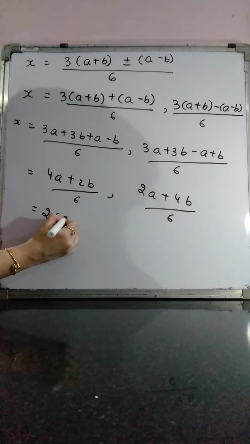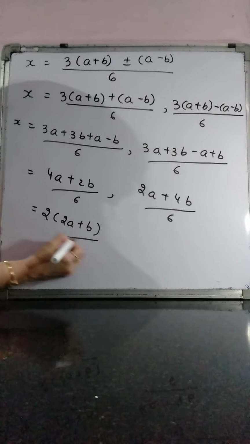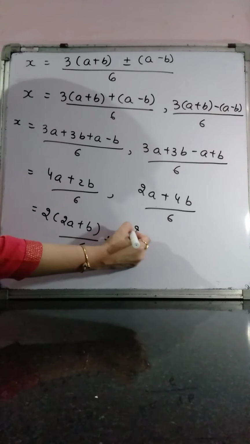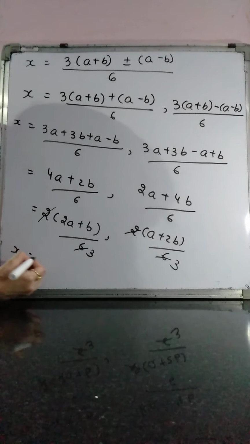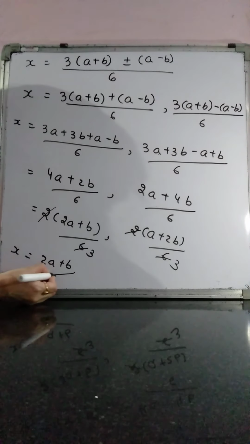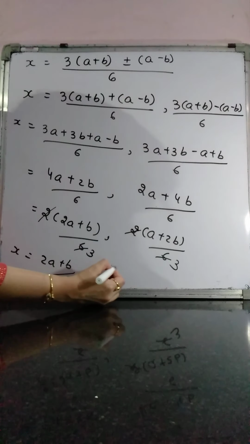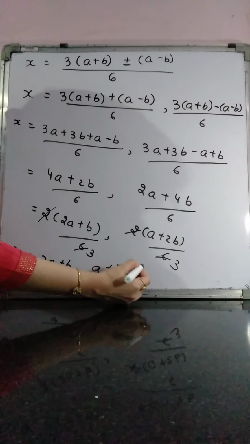Take 2 common, twice of a plus b by 6, 2 common, a plus 2b by 6, now cancel 2. 3, 2 3 6. So the values of x are 2a plus b by 3, a plus 2b by 3. Answer.